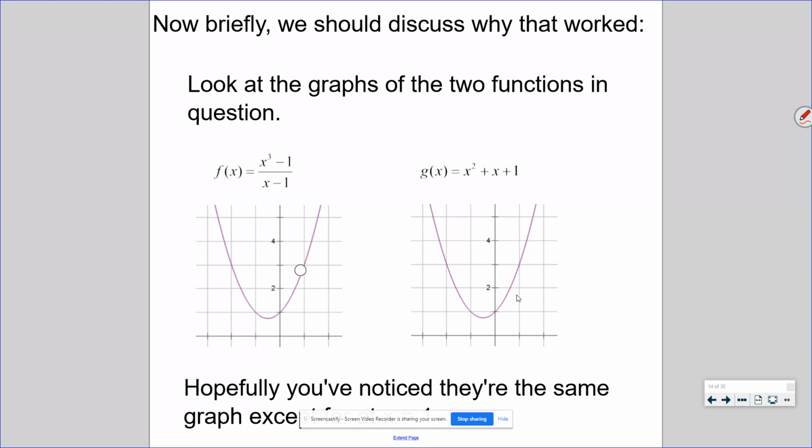And the second one is the simplified version, and it's just a really nice, pretty parabola. They are the exact same graphs. One has a hole, one doesn't, but that hole in the graph does not affect our ability to find the limit, right? The limit as x approaches 1 on this first graph is exactly the same as the limit as x approaches 1 on the second graph.